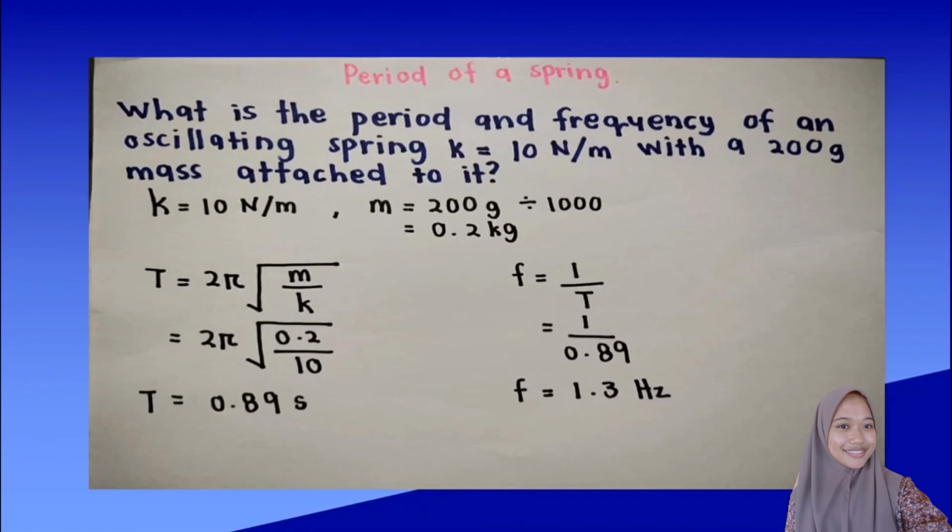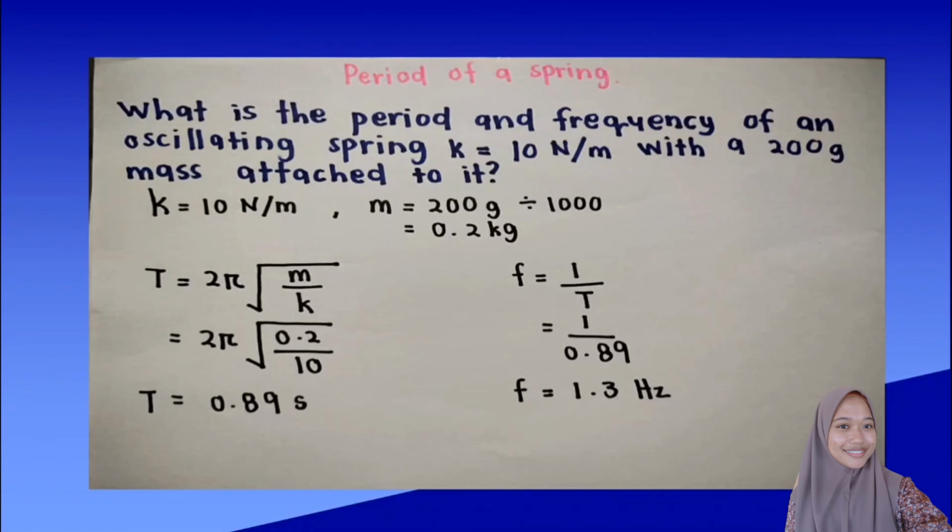So seterusnya, formula yang berkaitan dengan period of the spring. A child in a bouncy swing is suspended from a spring.